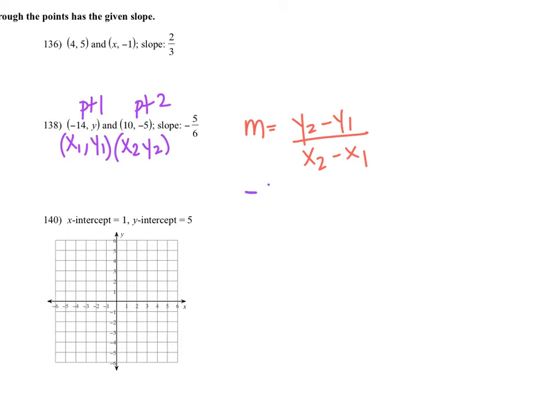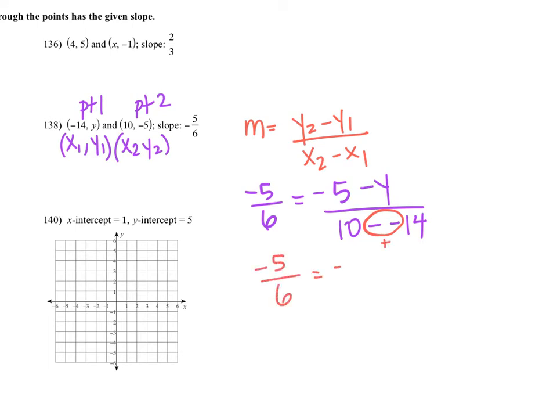So I have negative 5 over 6 equals negative 5 minus y over 10 minus a negative 14. Okay. These two negatives make a positive. So I have negative 5 over 6 equals negative 5 minus y over 24.